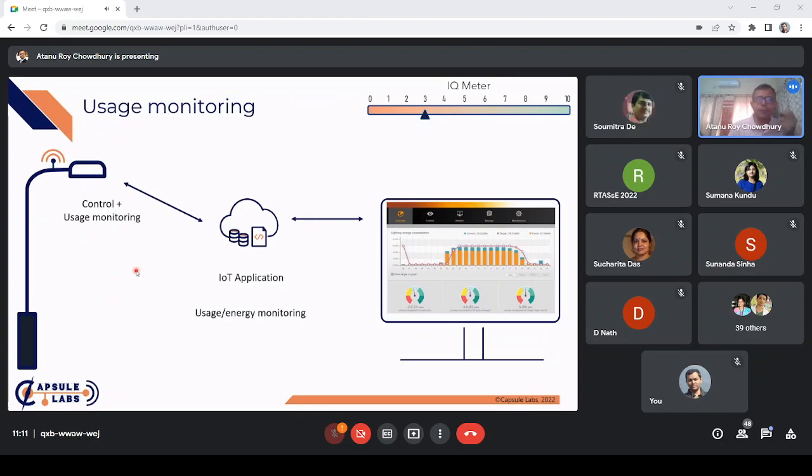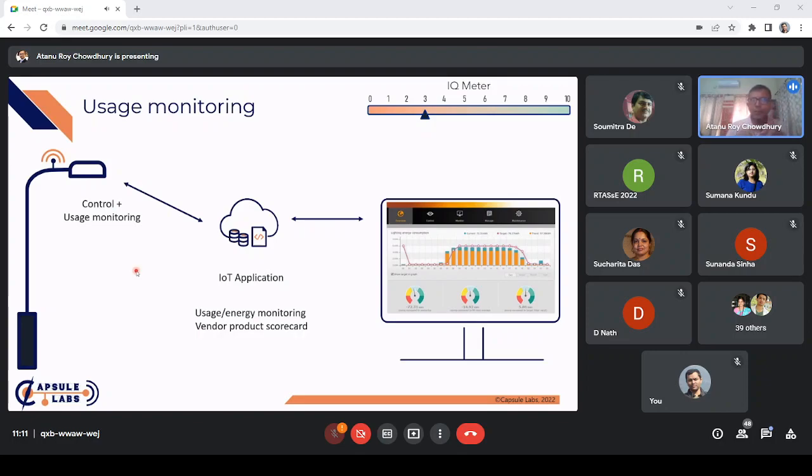Not only that, if I can calculate the energy usage, I can now start to create a vendor product scorecard. Right? What that really means is I now know which vendor's bulb I put in each of those luminaires.